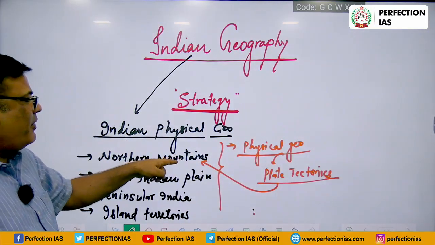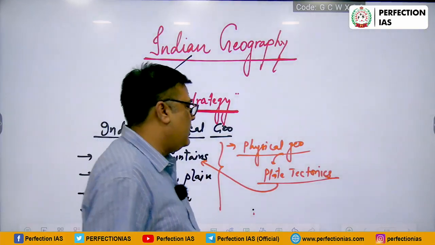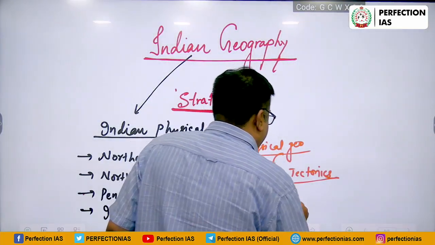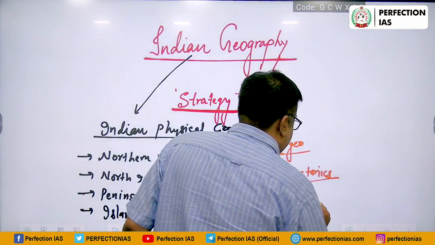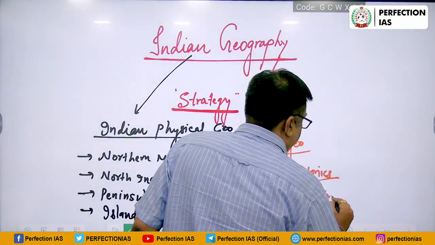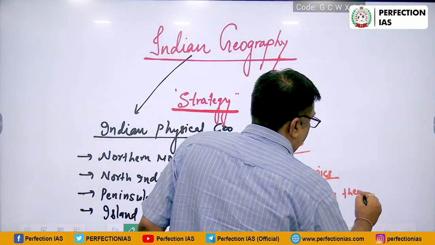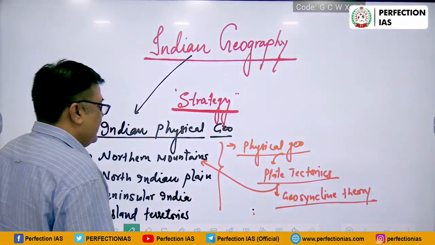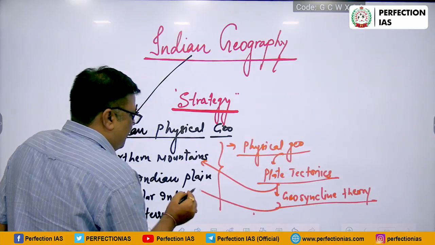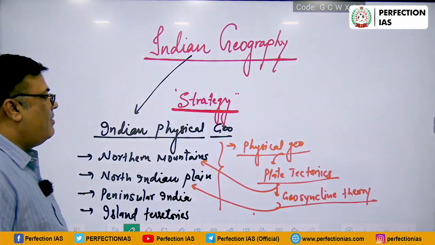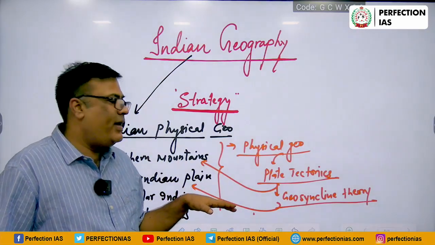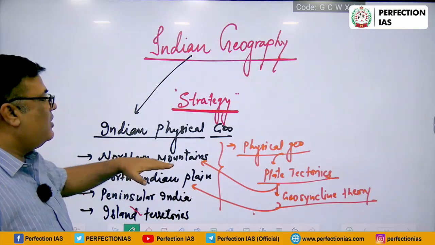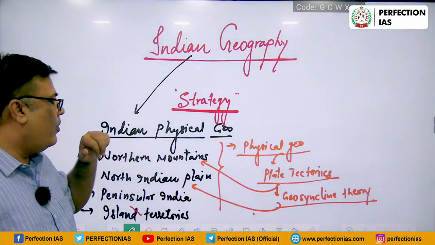And if we have learned the formation of mountains, then obviously we have learned about geosyncline theory also. And this geosyncline theory ये आपको बताएगी कि किस तरीके से हमारा जो नॉर्थ इंडियन प्लेन है इसका फॉर्मेशन हुआ है और किस तरीके से हमारा नॉर्दर्न माउंटेन्स का फॉर्मेशन हुआ है.